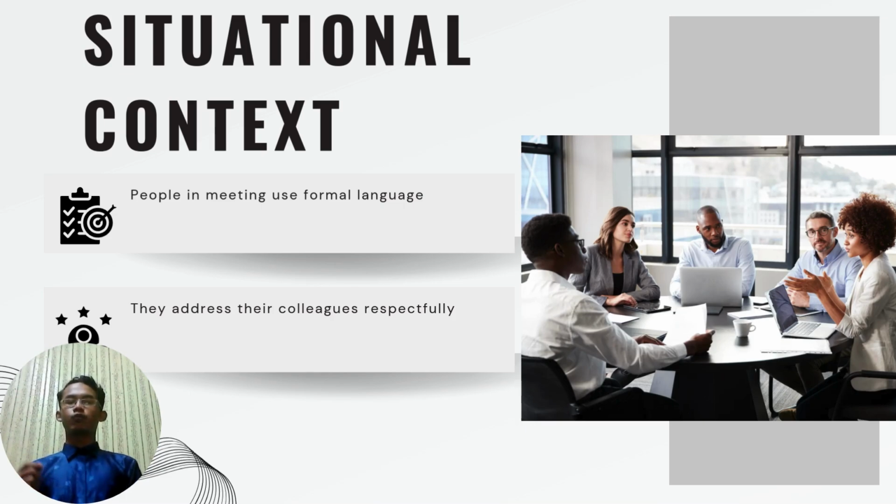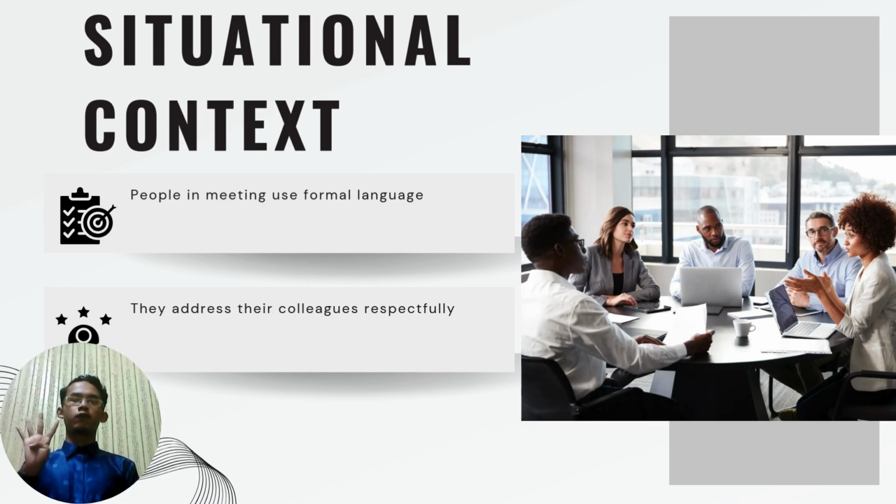Based on the picture, we can see that the people in the meeting are communicating with each other using formal language to discuss the agenda of the meeting, and they also address their colleagues respectfully.